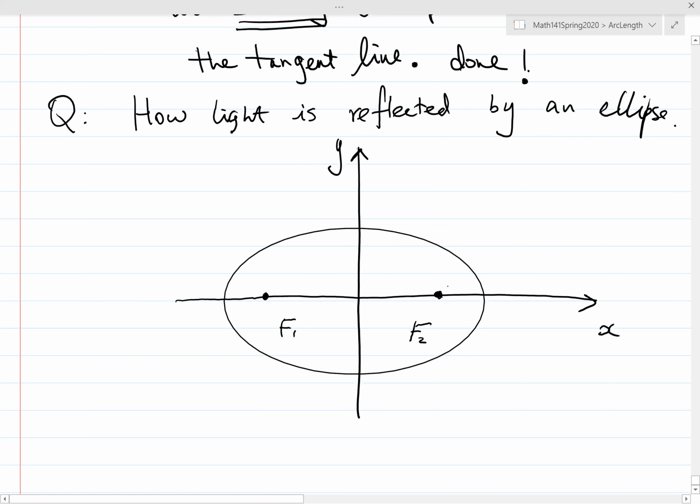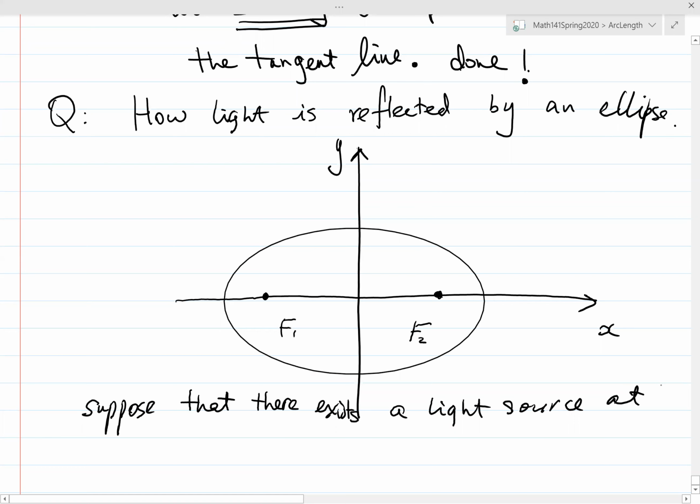Now we want to know how light is reflected. Suppose that there exists a light source at F1.